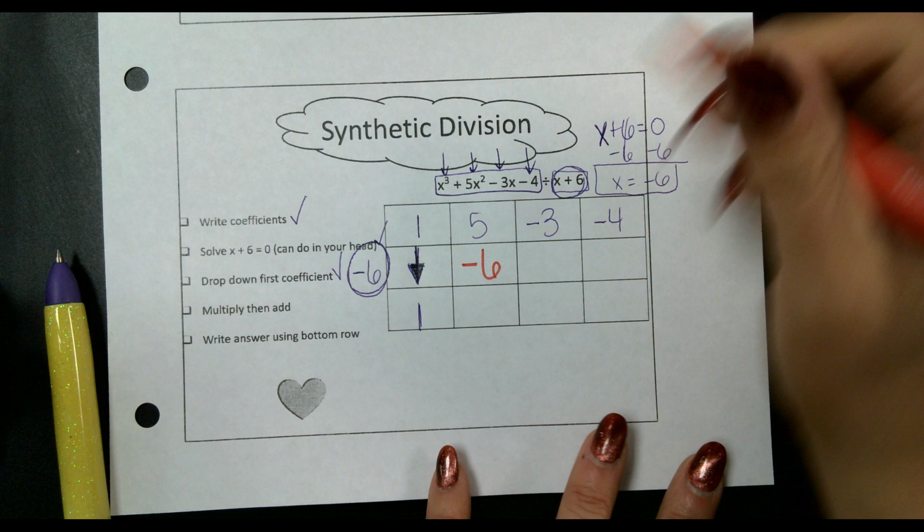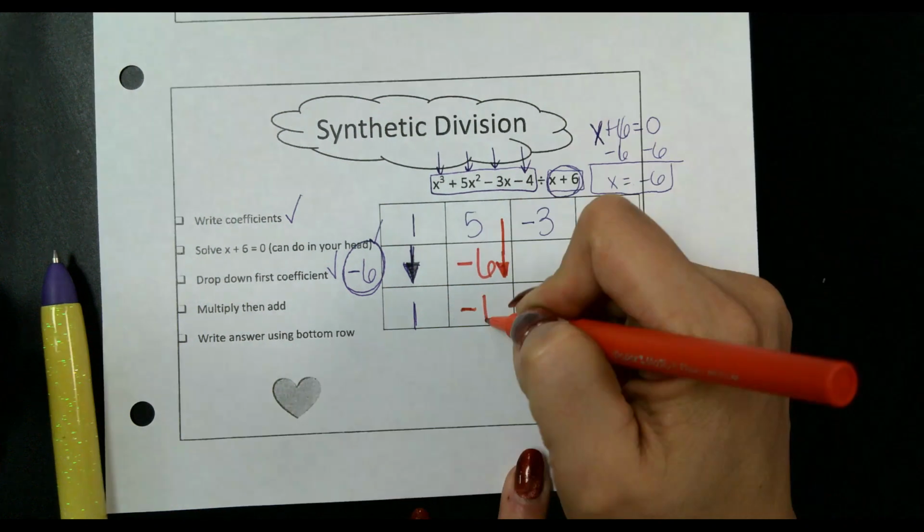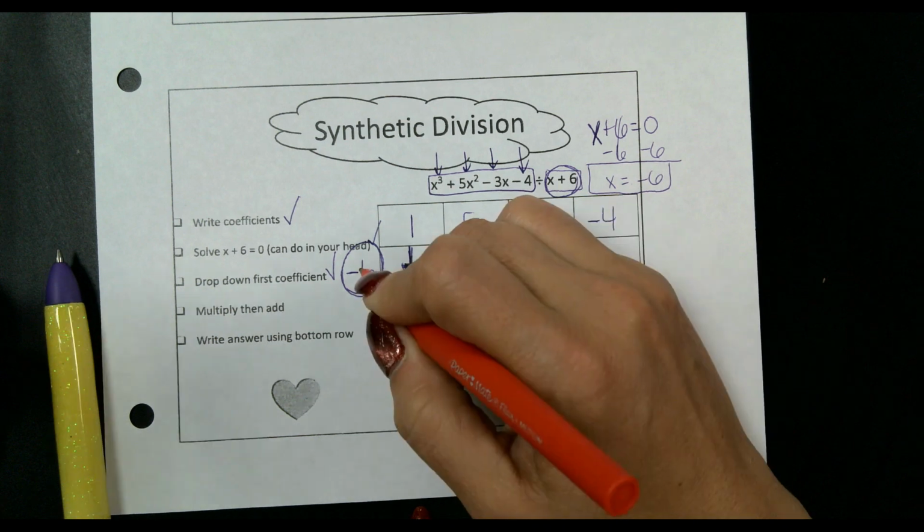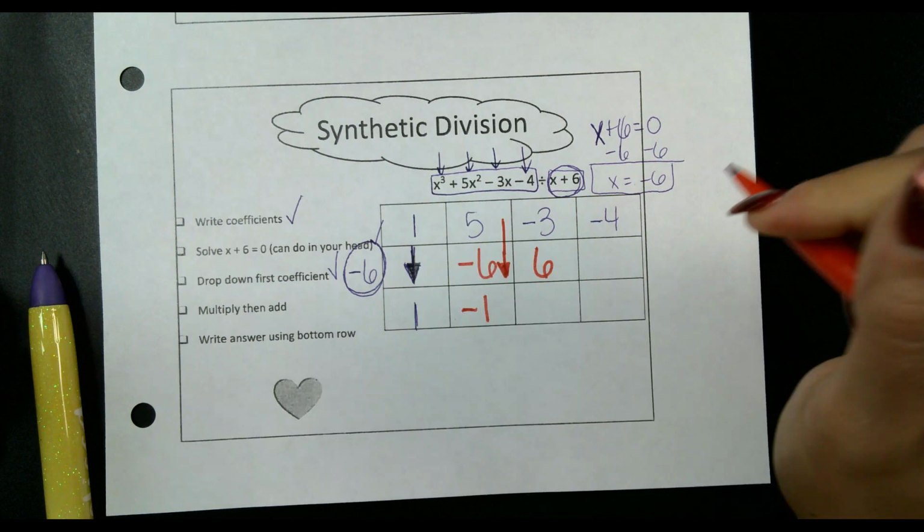Then you add the 2 numbers straight up and down. We're at the bottom again, right? As soon as you get to the bottom, you multiply by that number out front. So what's -1 times -6? Put it in the next column, the first empty box, and then add straight up and down.